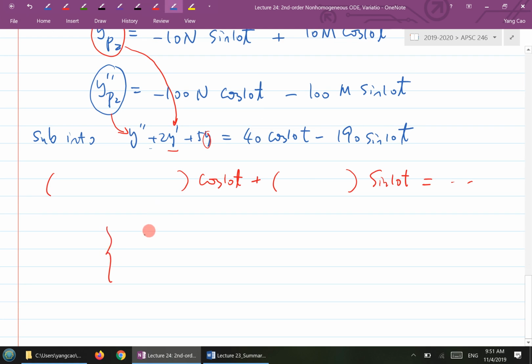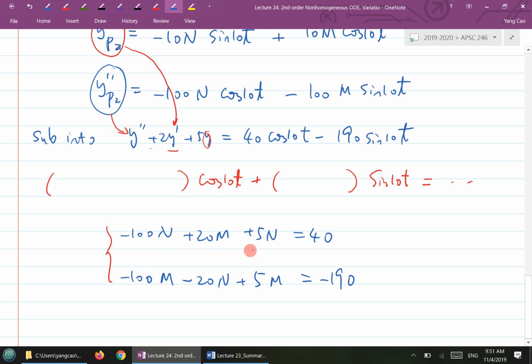One equation is negative 100n plus 20m plus 5n equal to 40. And then negative 100m minus 20n plus 5m equal to negative 190. It looks like three variables, but it's still two variables here. You can further simplify: this is negative 100n plus 5n, so negative 95n.